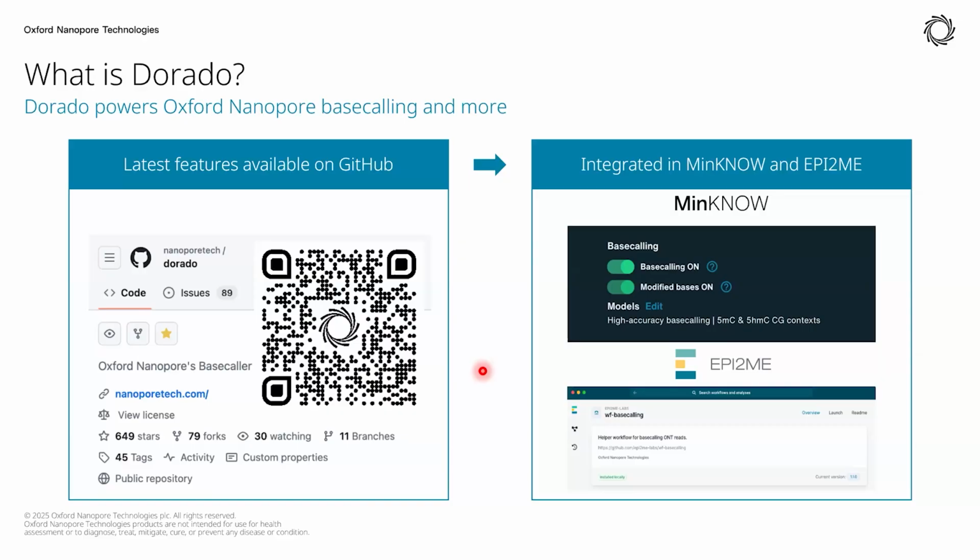And then as the software gets developed, as bug fixes are implemented, once a release is stable, we will integrate it into Minnow, and we'll do some modifications of it. And we will also include that in the Epitome WF base calling workflow as updates make their way into that workflow as well. But the latest features are always on the GitHub standalone version.